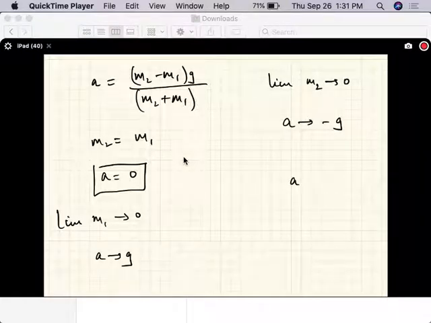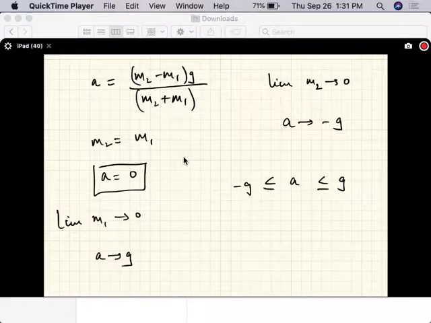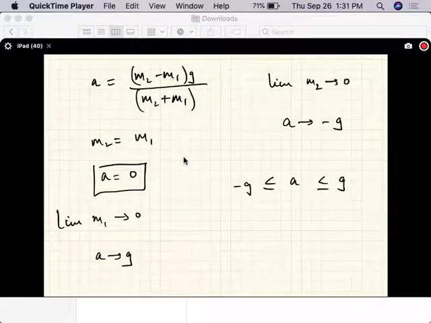So here is a device that can give you an acceleration of minus g to g. The minus sign is just telling you that we have chosen this direction to be positive.